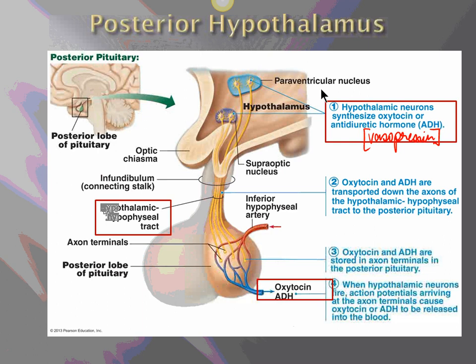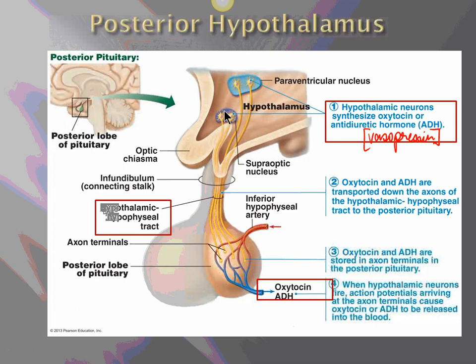So like a nucleus was a collection of nerve cell bodies, a tract is a collection of axons. Because it connects the hypothalamus to the posterior pituitary, these axons are collectively called the hypothalamic hypophyseal tract, because another name for the pituitary is the hypophysis cerebri. Okay? So, hypothalamic hypophyseal tract.